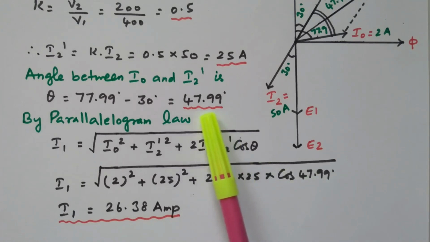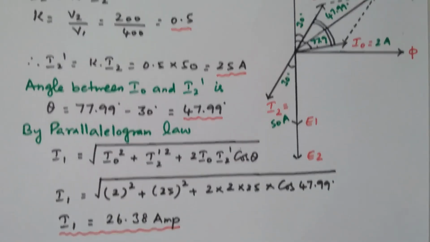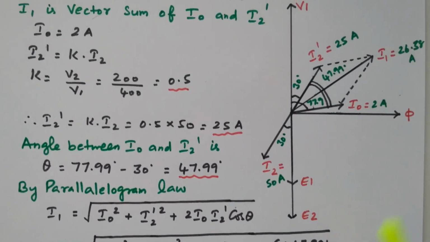By simplifying this, we got I1 equal to 26.38 ampere. The current flowing in the primary winding is 26.38 ampere. So this I1 is the vector sum of these two, and the angle also we calculated by using the parallelogram theorem.